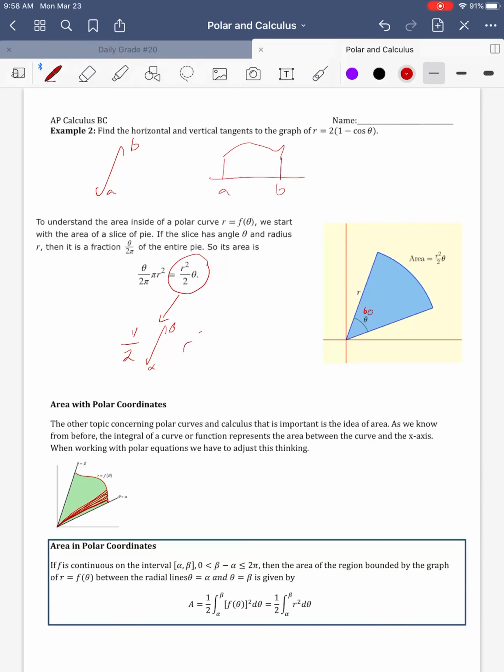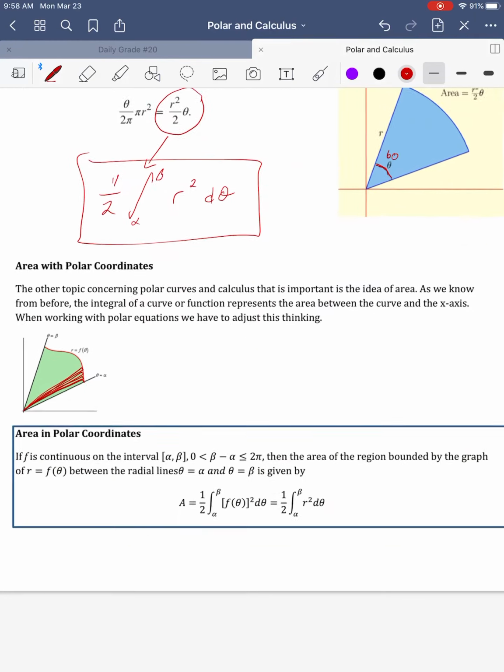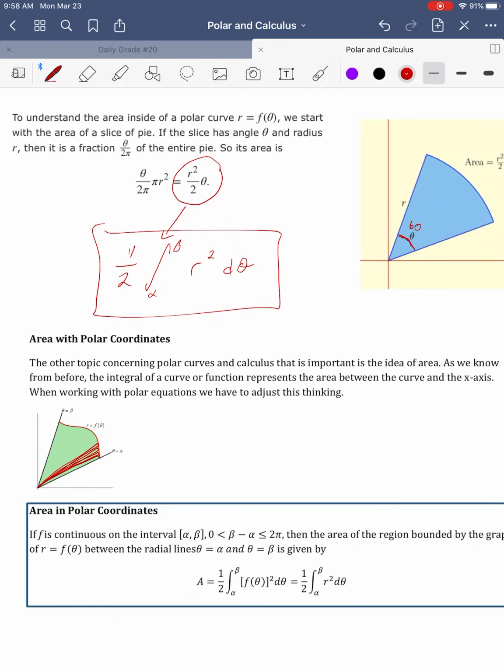And then it's r squared. The radius is just r, and that's going to be an expression for us because my radius is fluid, it's changing. And then the width of the sector is infinitesimally small when I become perfect, so it's d theta. So that's where this formula comes from. The area of a sector is 1/2 the integral from alpha to beta of r squared d theta.